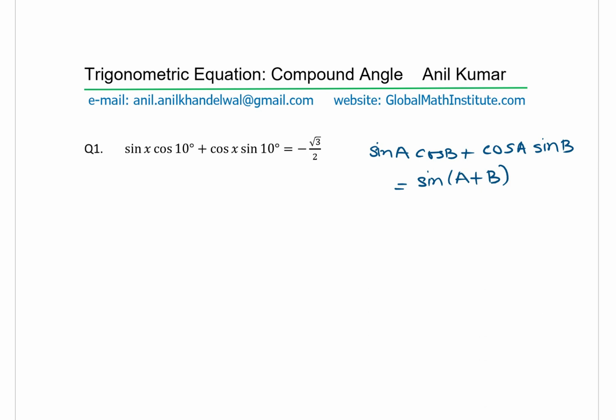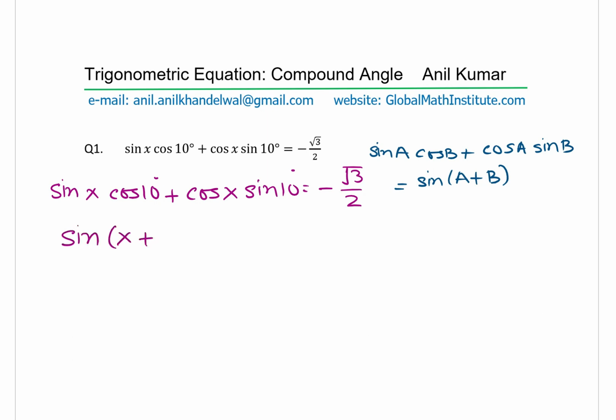So we can actually write down the given question, let me rewrite this: sin x cos 10 degrees plus cos x sin 10 degrees is negative of square root 3 over 2. Left side is equal to sine x plus 10 degrees.